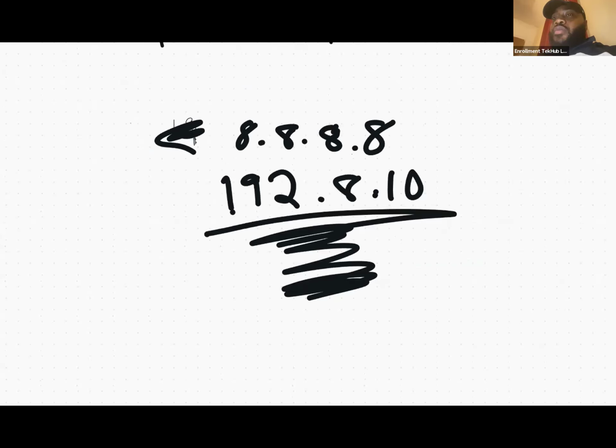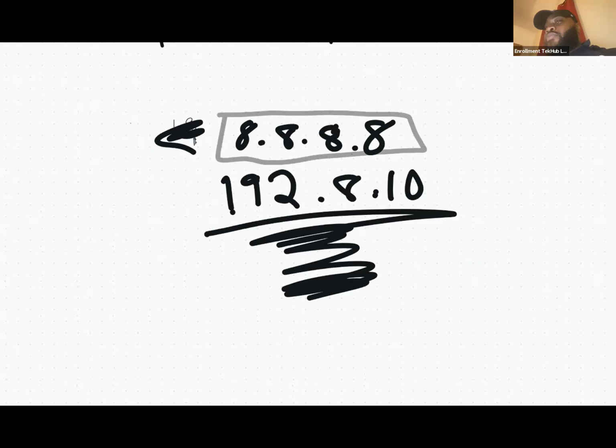So 8.8.8.8. If you want to figure out if your network's up, you can type in ping 8.8.8.8 and try to ping that in your command line, right? The command line is basically that screen where it's all black and white numbers, etc. And you can run those codes or those pre-installed commands on there.